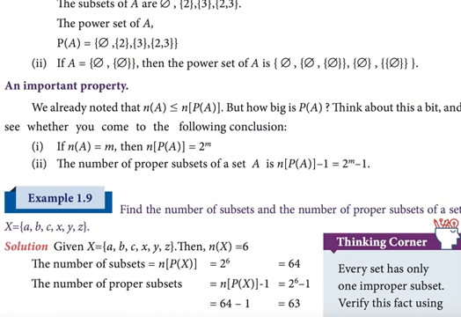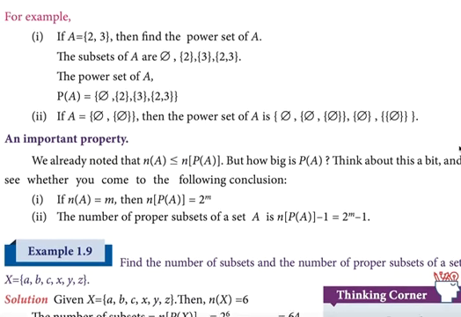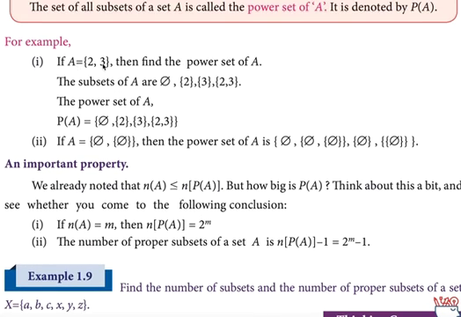An important property: we already noted that n of A is less than or equal to n of P of A. But how big is P of A? Think about this a bit and see whether you come to the following conclusion. If n of A equals m, then n of P of A equals 2 power m. See the elements here, they are 2.